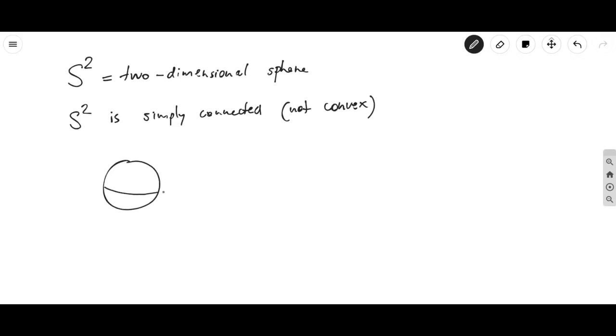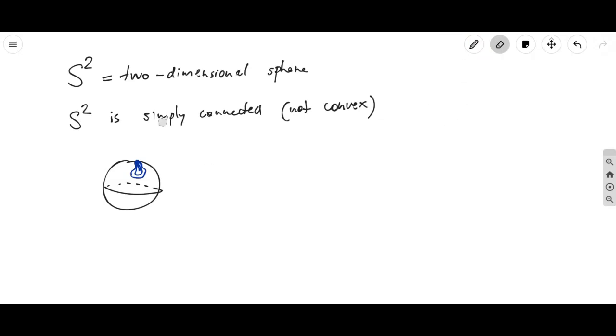Clearly it's not convex, because if you pick two points on the sphere and you connect them, the line that passes through the center is not part of the two-dimensional sphere. However, if you have a closed loop on the surface of the sphere, you can keep on shrinking it down to a point. Just take a ball, put a rubber band around the ball, and then you can keep on moving the rubber band until it comes down to a point. So that's really what we're saying.